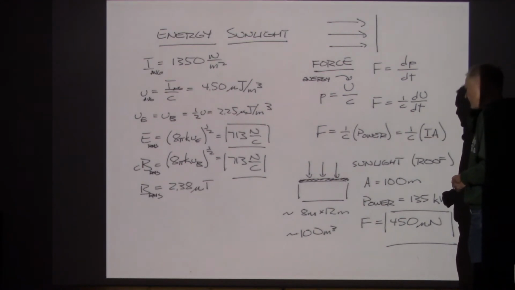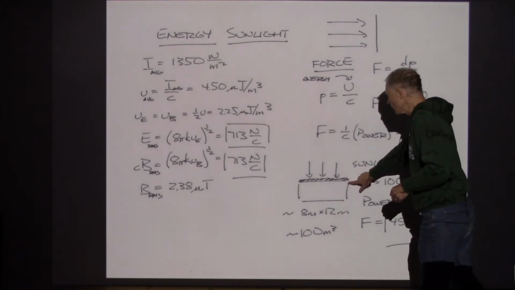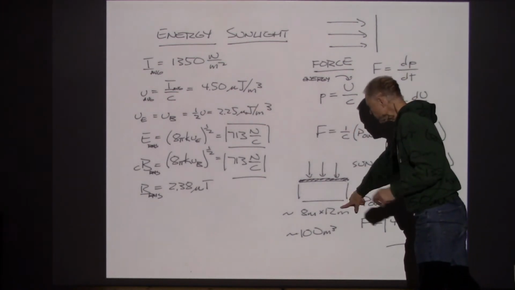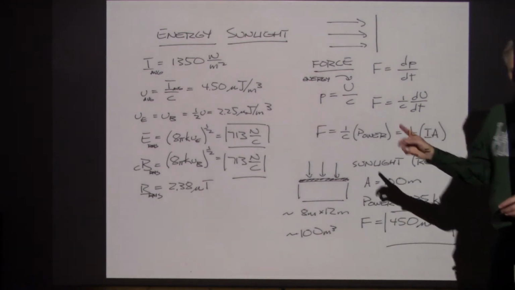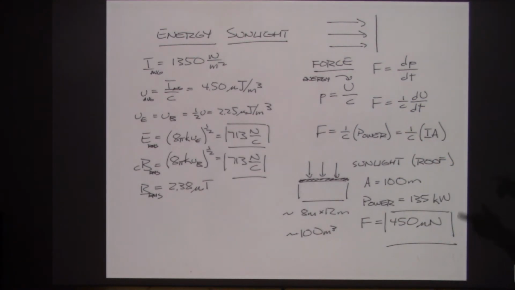So let's say that we have a roof. I'm going to say it's 8 meters by 12 meters. Oh, that's kind of like my house. So I've got a roof here, 8 meters by 12 meters, and it's got a total area of 100 square meters. It's covered with solar panels right now, well, it's not completely covered.